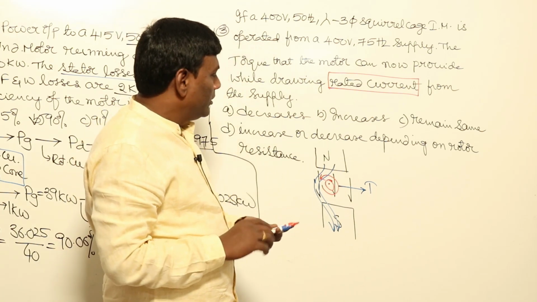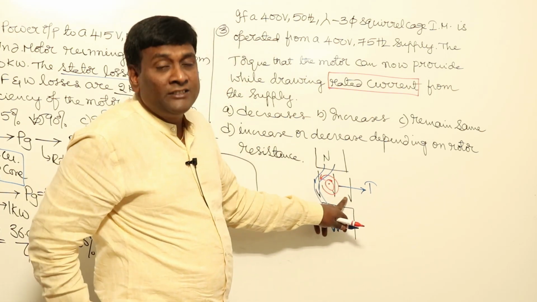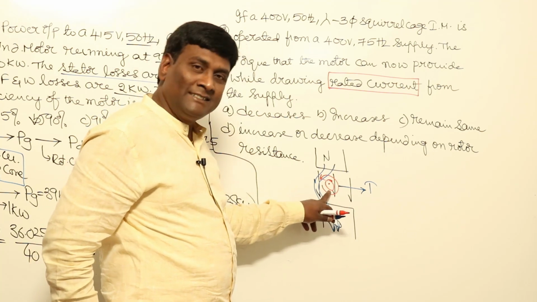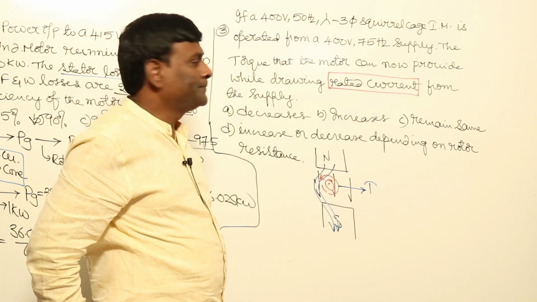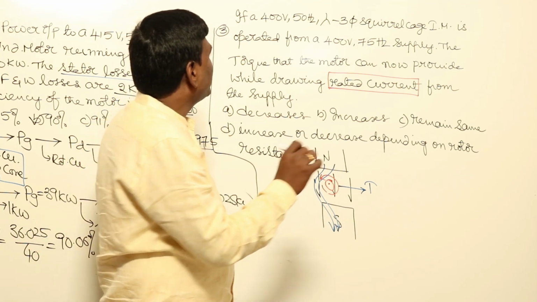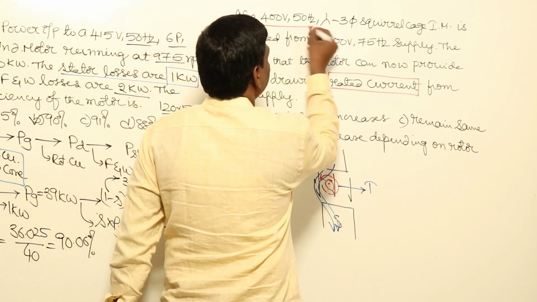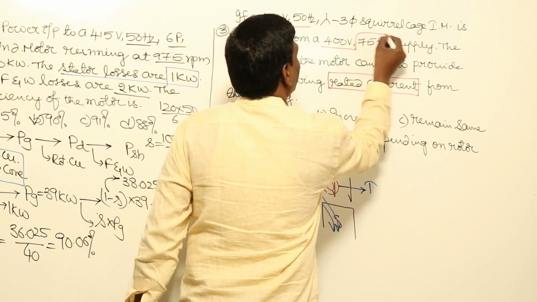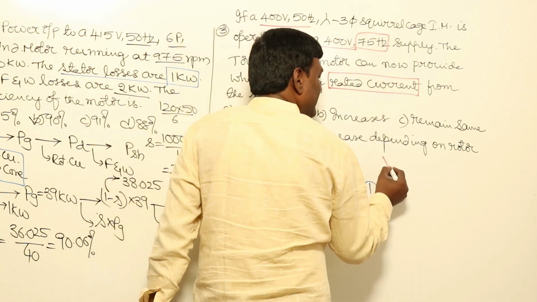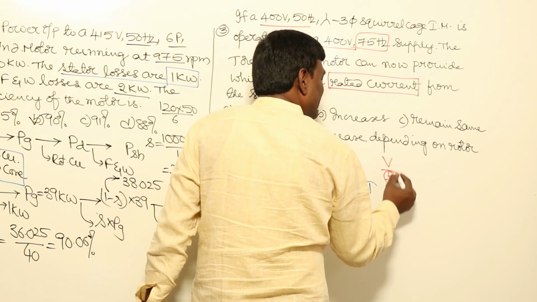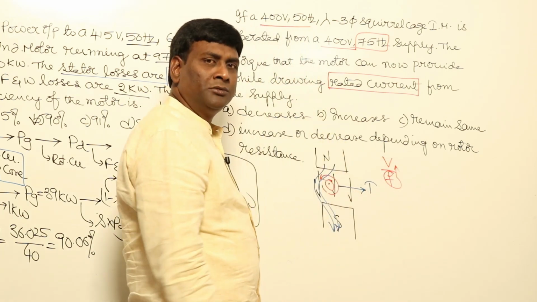Now for example, if black is reduced or red is reduced or both are reduced, the net flux has to be reduced. Now he is maintaining the same voltage, but the frequency is increased. So if I maintain the same voltage but the frequency is increased, the V by F ratio will be reduced.